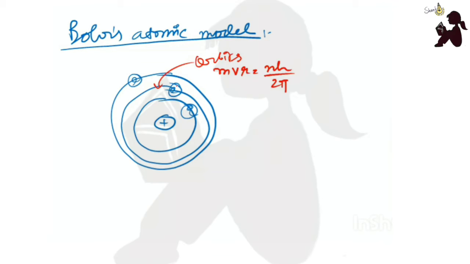Now in the second postulate he said this electron can neither emit energy nor absorb any energy. Now here comes the third and most important postulate. If an electron goes from a higher state to a lower state, that means it is moving in an outside orbit but wants to come into this orbit, it has to emit energy.